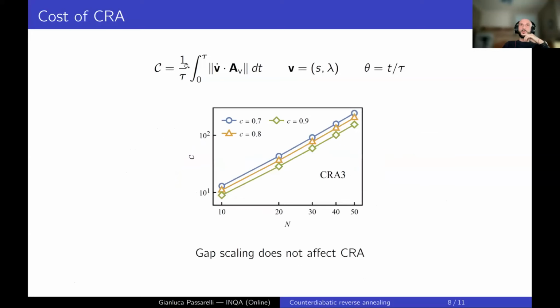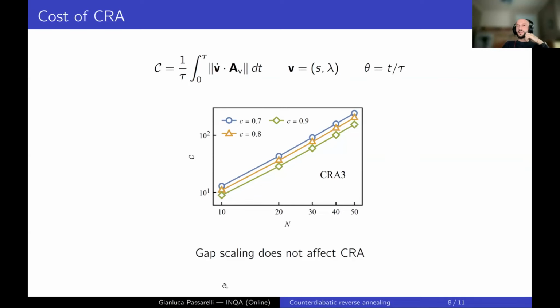And also when you compute the total cost or the average cost of the entire protocol, you see that no matter the order of the phase transition, in this quench limit, the scaling of the cost with the system size will remain the same regardless of the order of the phase transition.